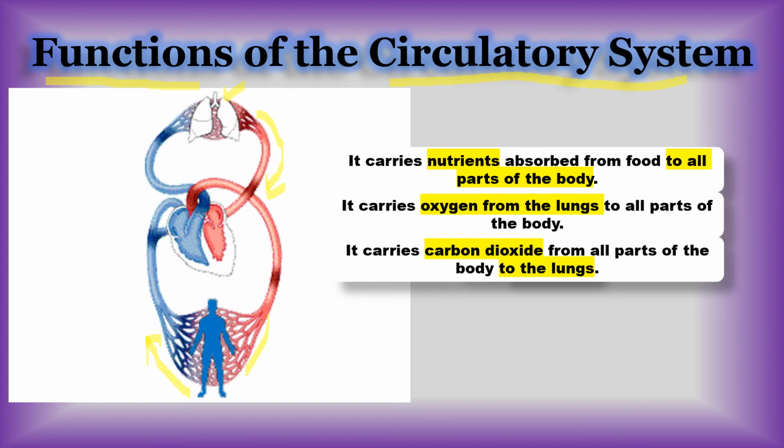It is collected in veins and passed to the heart, and from the heart it is passed to the lungs for purification. Now this much is clear. This complete circle is clear.